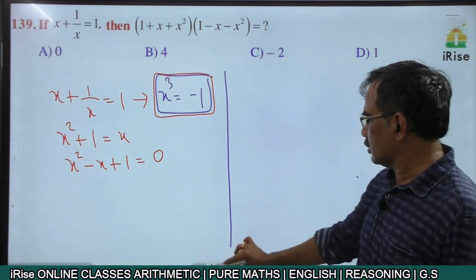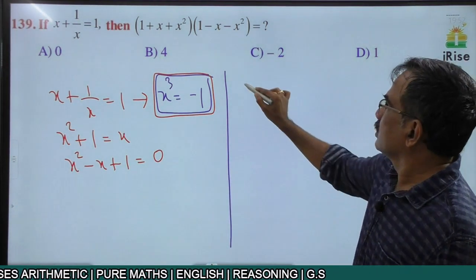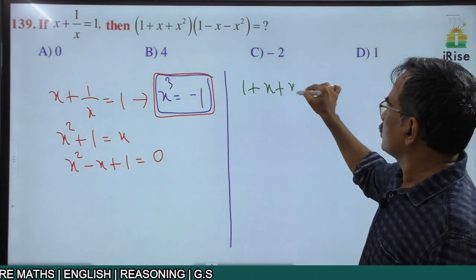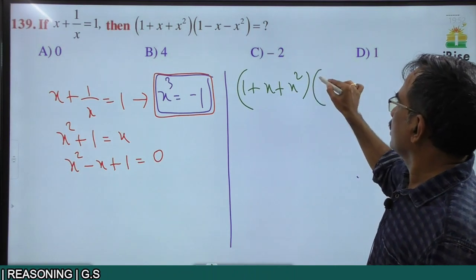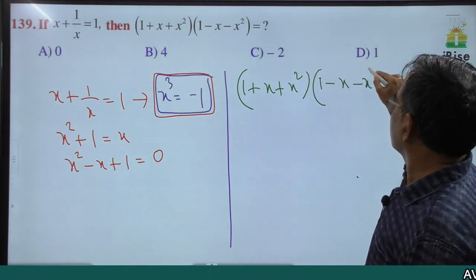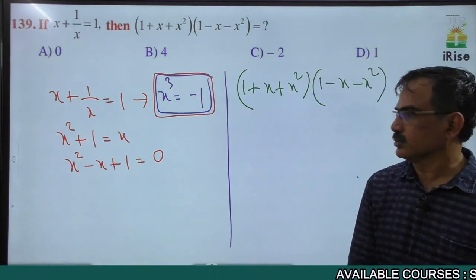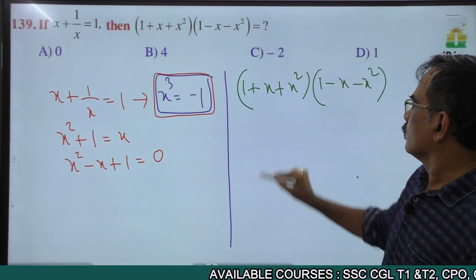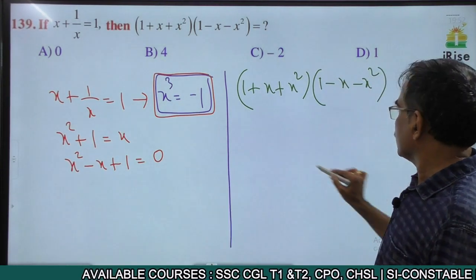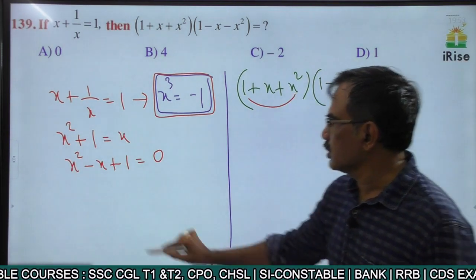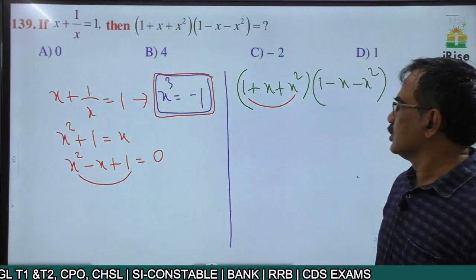Then what is the question? The question is 1 plus x square multiplied by 1 minus x square. Then here, what is 1 plus x square? 1 plus x square is equal to x.